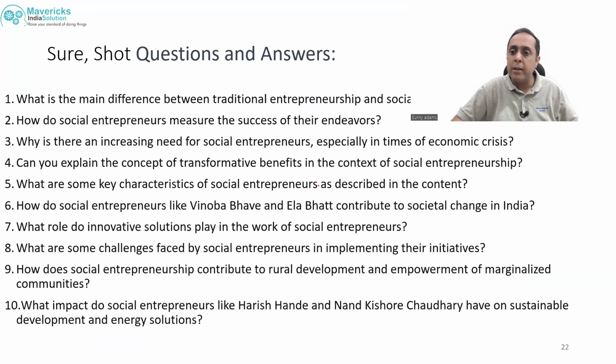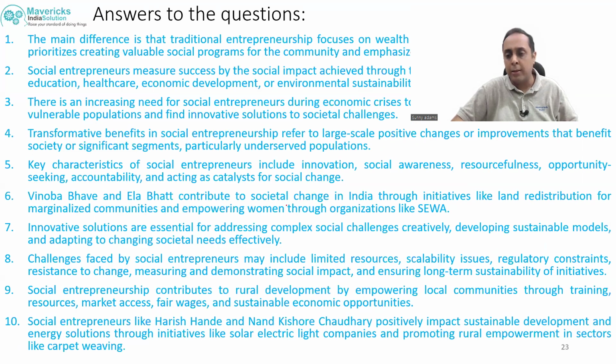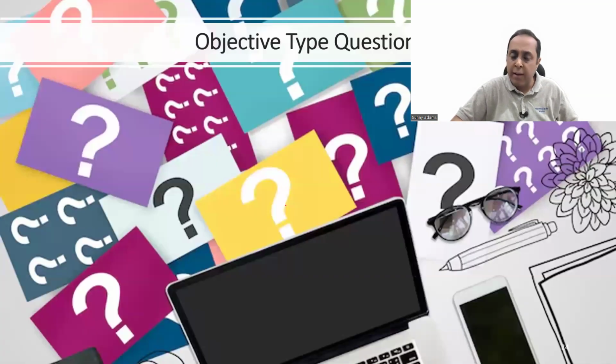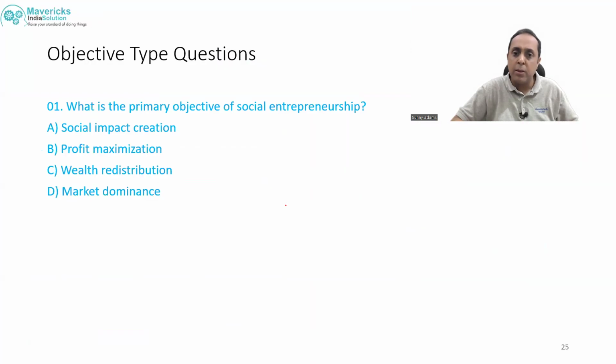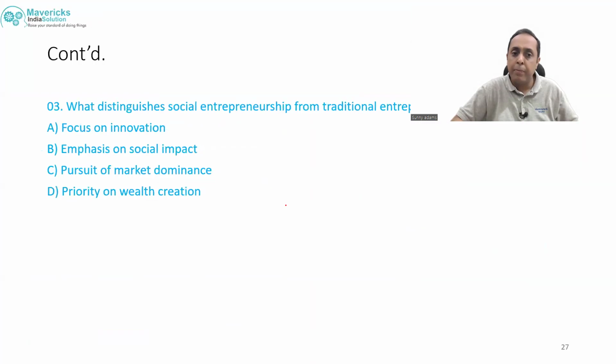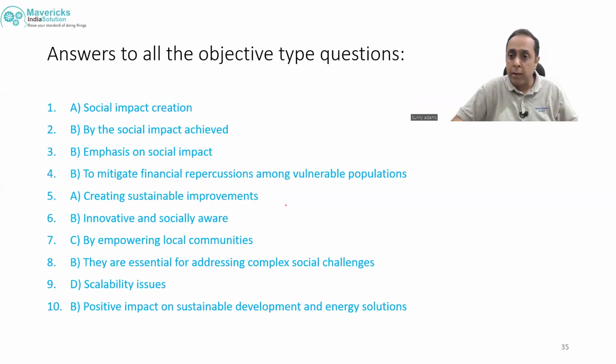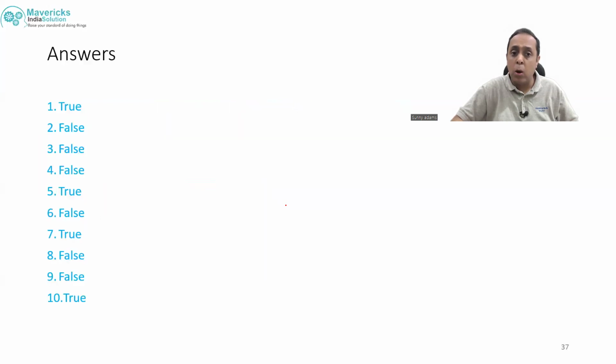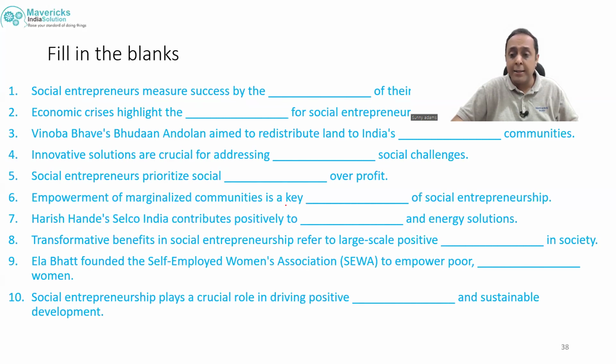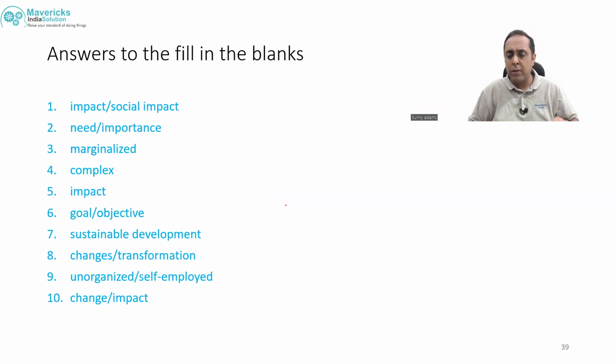We also provide you 10 short questions along with answers, 10 objective type questions along with answers, true and false statements along with answers, and fill in the blanks along with answers. The purpose of this rigorous practice section is that you go through this lecture once or twice and start solving this small, short question paper sort of practice section.